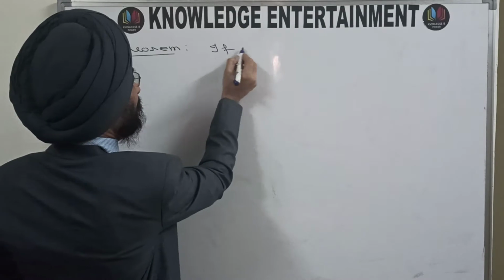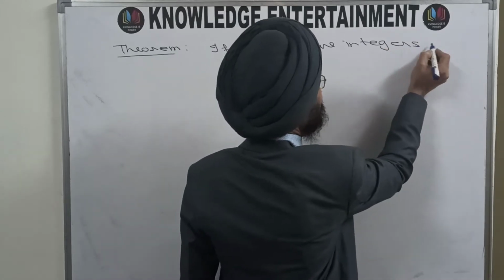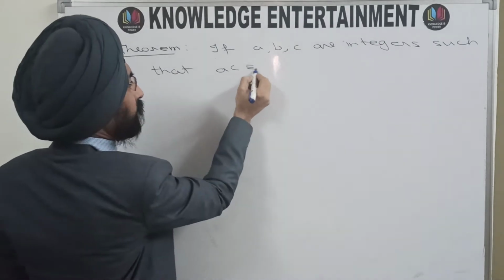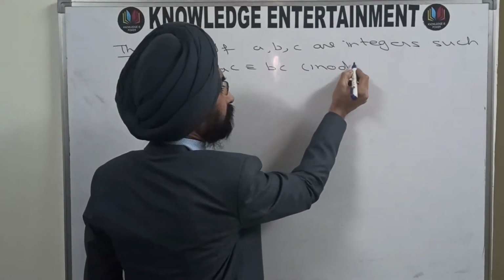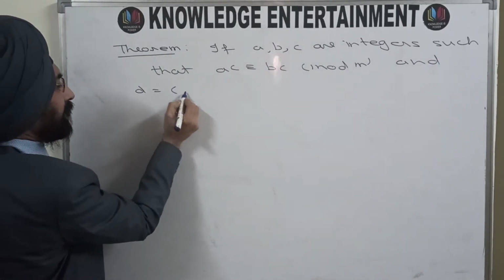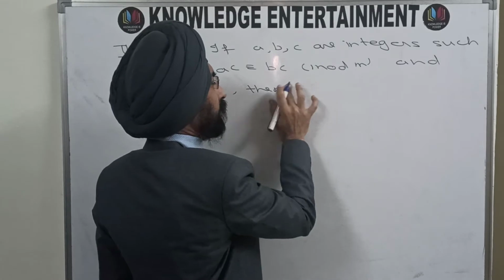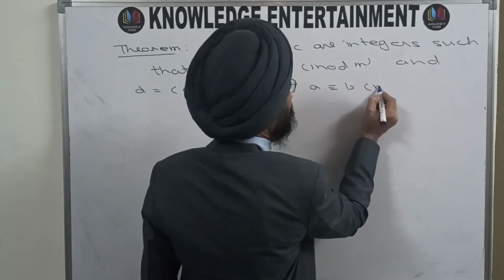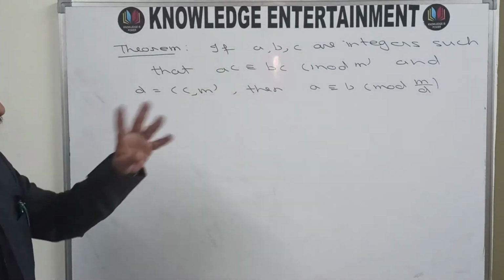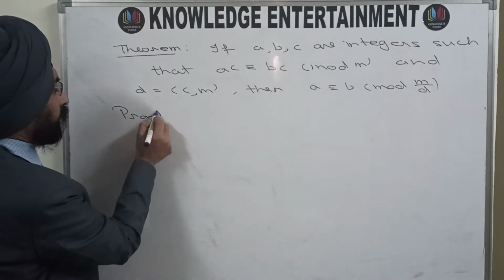If A, B, C are integers such that AC is congruent to BC modulo M and D is the GCD of C and M, then A is congruent to B modulo M upon D. This is the first result that we will prove today. And move on to the proof now.